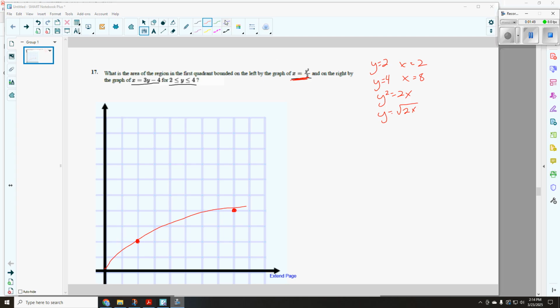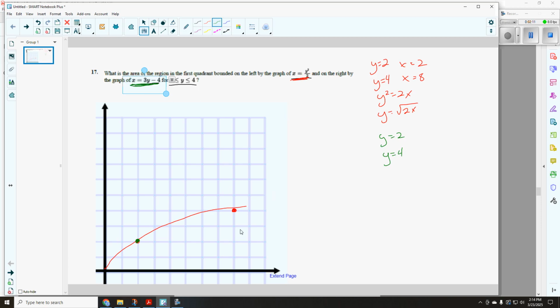And then I'm going to do the same thing with this one. X equals 3y minus 4. Now I can tell that this is going to be a line. When y equals 2, that would be 6 minus 4. That would be 2, right here, same spot. And when y equals 4, it's going to be 12 minus 4.